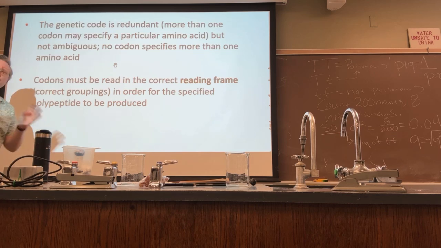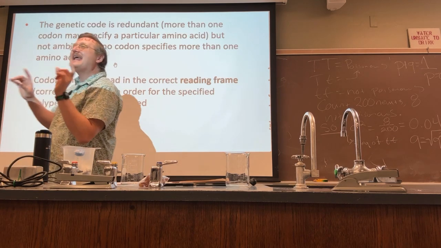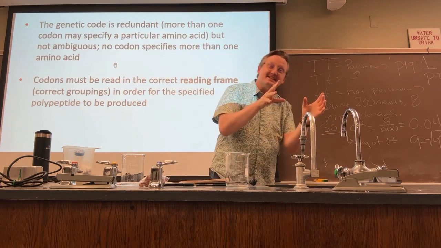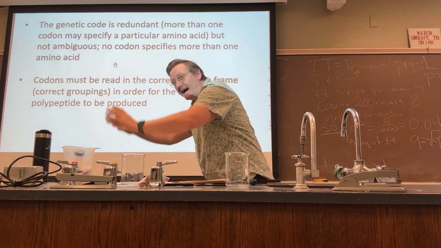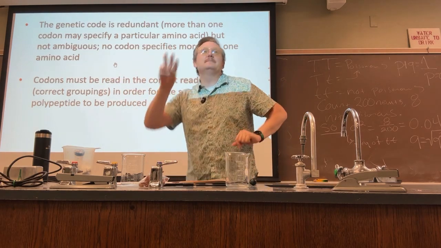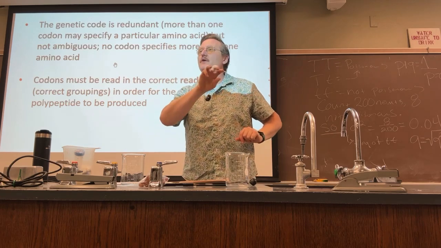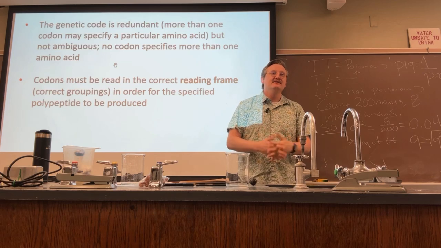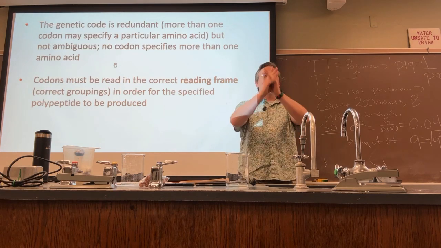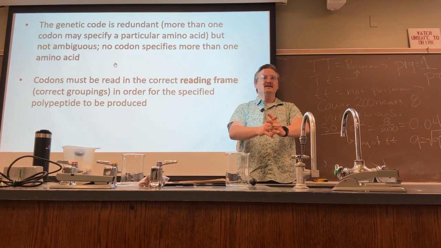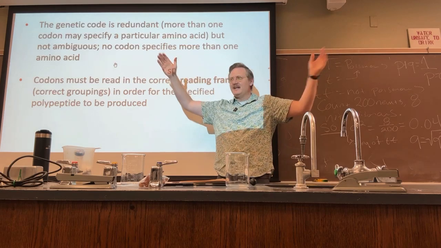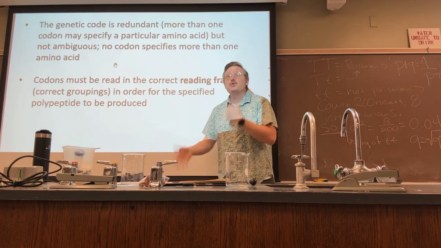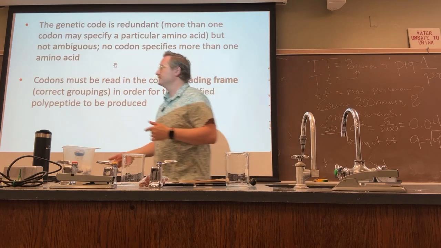So each codon is specific to an amino acid, but there can be multiple different codons specific for the same amino acid. So there are multiple codons that encode tryptophan, because there are 64 possible ones. Every single one is used, and only 20 different amino acids.